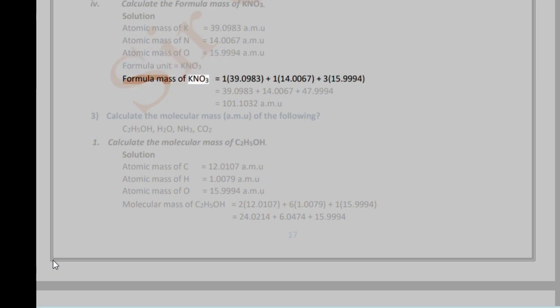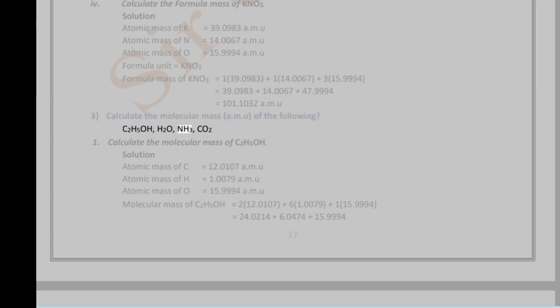Formula mass of KNO3 equals 1 × 39.0983 + 1 × 14.0067 + 3 × 15.9994 equals 39.0983 + 14.0067 + 47.9994 equals 101.1032 a.m.u.